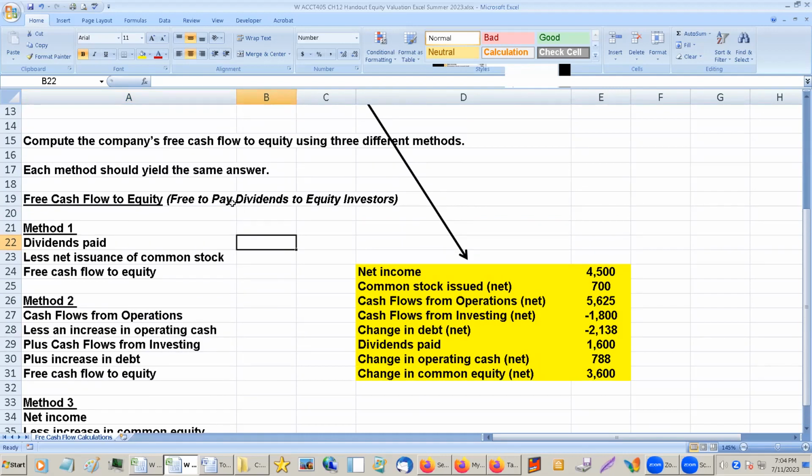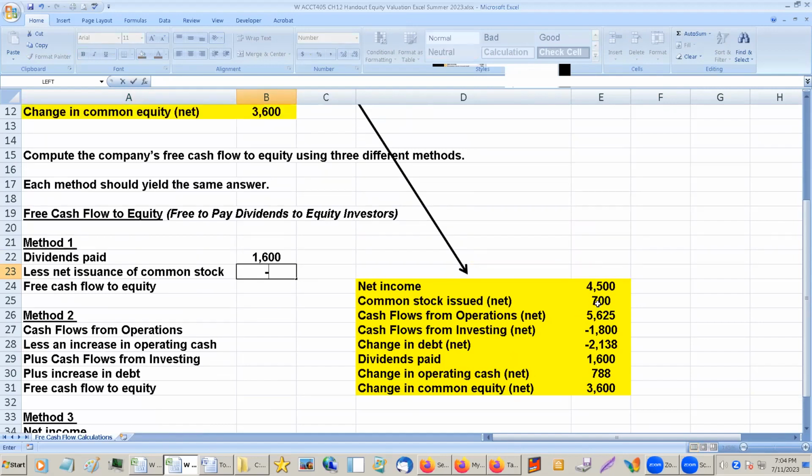The first method says dividends paid less issuance of common stock will give you free cash flow.